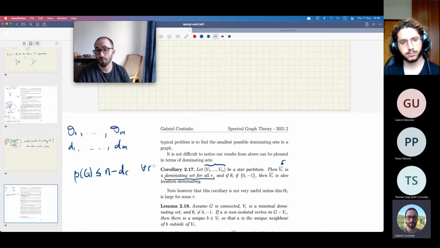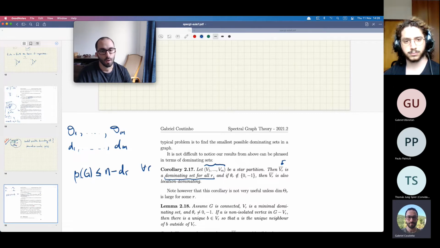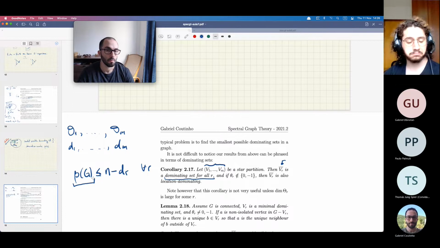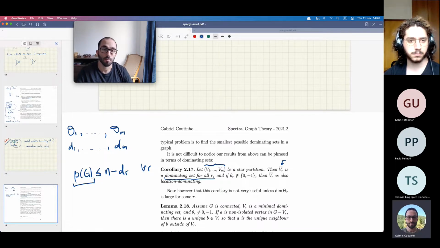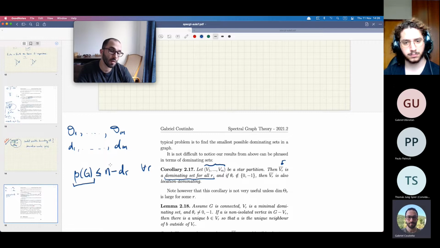So if you have an eigenvalue with very large multiplicity, then you are good. And there are graphs for which this bound is actually tight. And this is actually quite nice. And there is some usage in this because after all, this is a dominating set. So it is at least something you can start with if you want to find a dominating set.